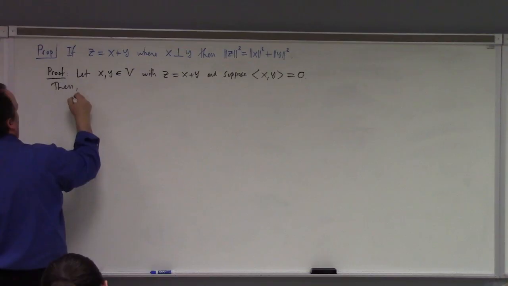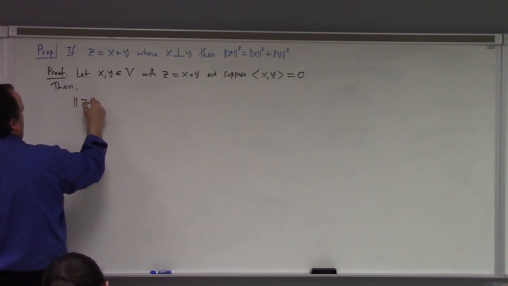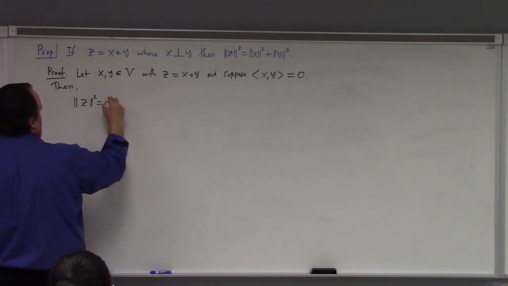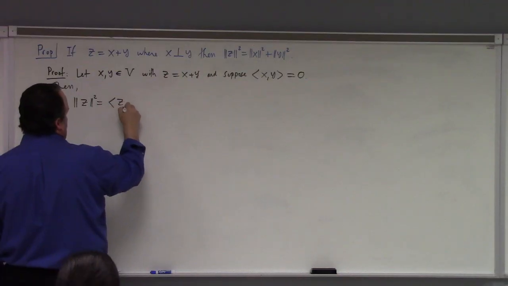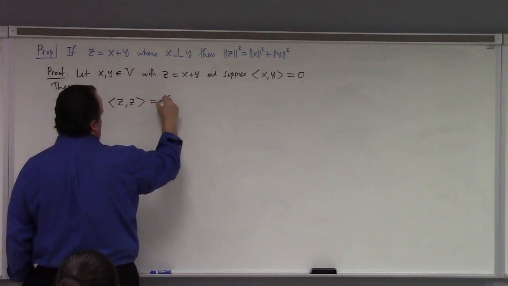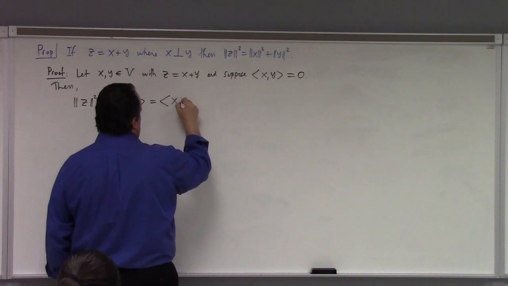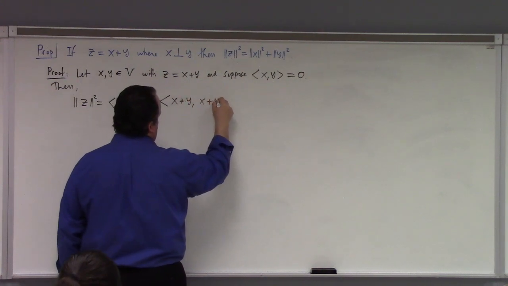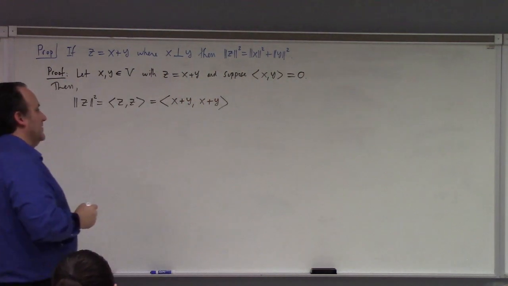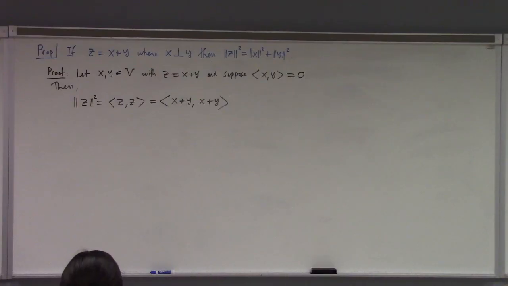Then the length of z squared is the inner product of z with z, right? Which is the inner product of x plus y with x plus y. And this is going to look a lot like the calculations we did in the proof of the triangle inequality, right? It's like that calculation all over again.